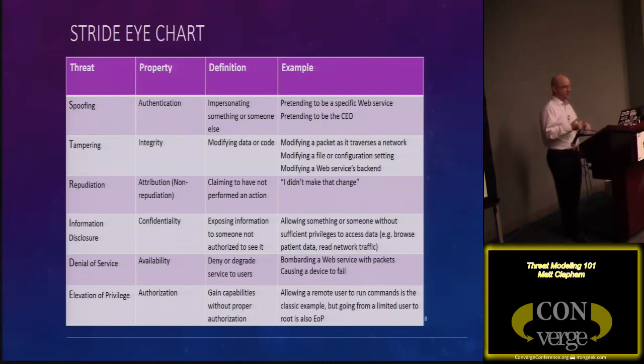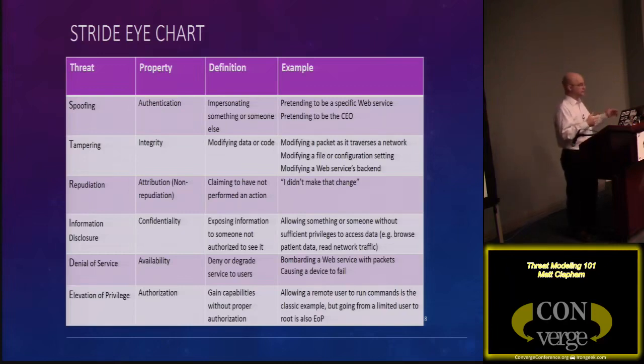Information disclosure might be something like allowing someone without any sort of authentication, or who doesn't have sufficient privilege, to be able to get that data, or sometimes even subtle things like data that is just exposed as part of the metadata. You didn't intend to tell somebody about something, but that Word document has some piece of data in it about who the author is that exposes something.